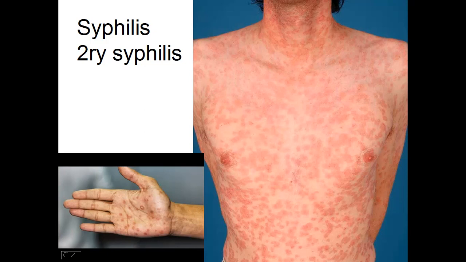The secondary syphilis usually happens, as we said, due to generalized spread of the organism, affecting the whole body. Mucous membranes may be affected with mucous membrane patches or linear ulcers called snail track ulcers.